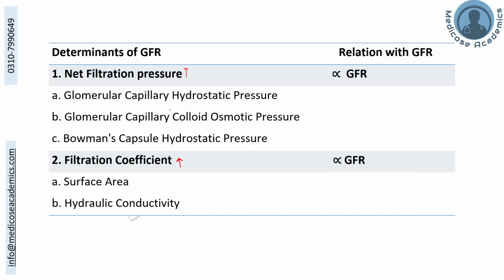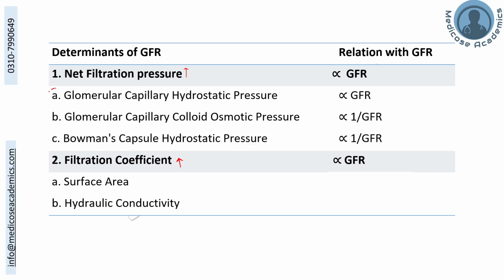If glomerular capillary hydrostatic pressure increases, of course it will favor filtration and increase the GFR. But if the glomerular capillary colloidosmotic pressure increases, it will favor reabsorption and reduce the GFR. Bowman's capsule hydrostatic pressure will also push the fluid into the capillaries and will reduce the GFR.